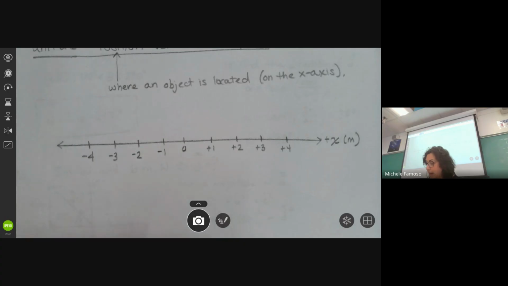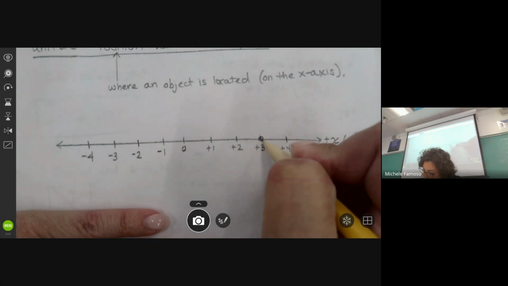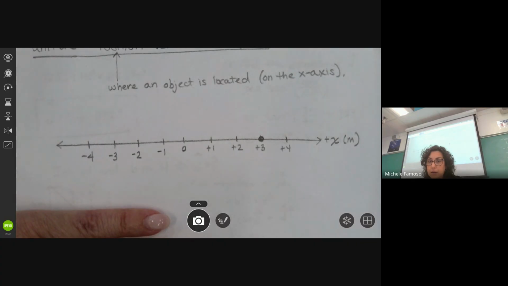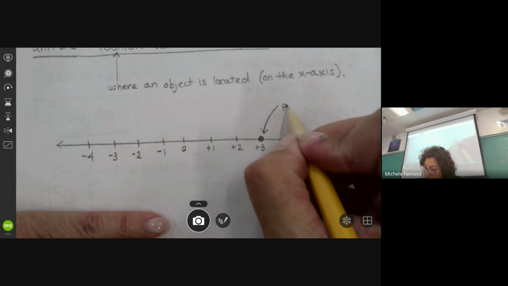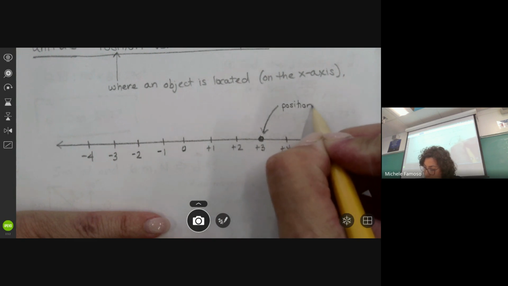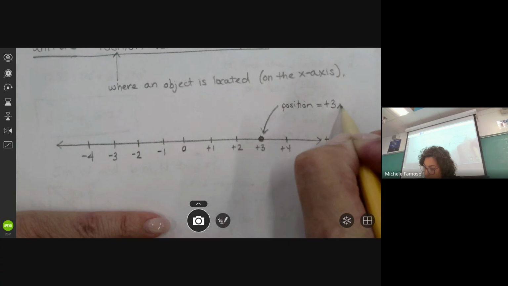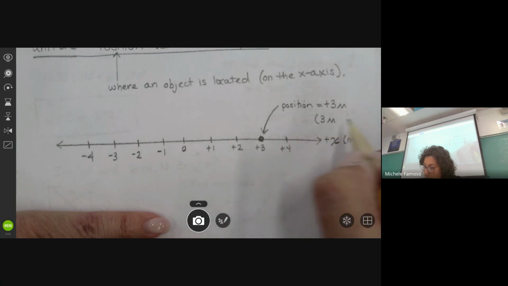Which means that if I had an object located right there, I would say that the position is positive 3 meters. Another way to say that, we would say we were 3 meters to the right of the origin.